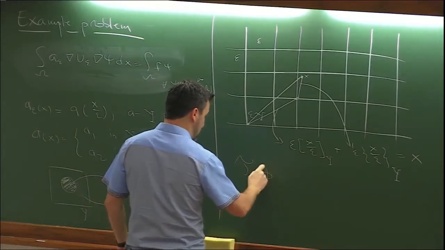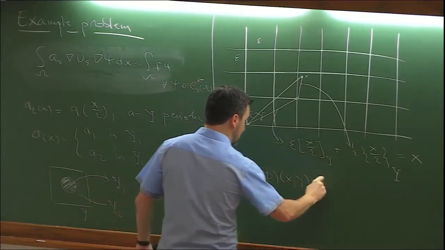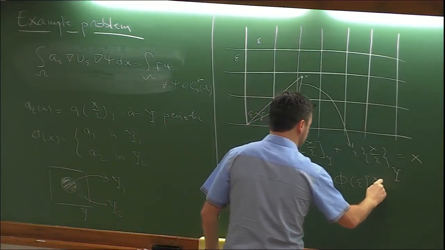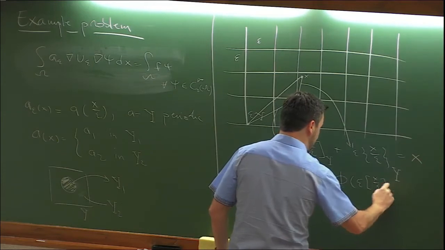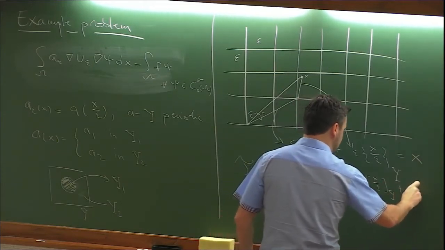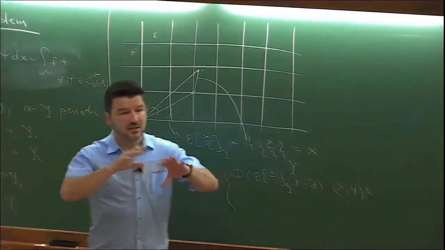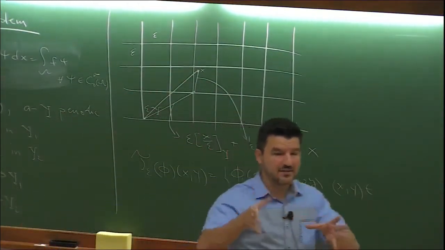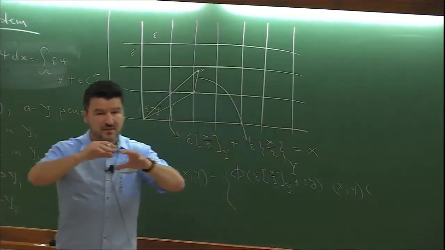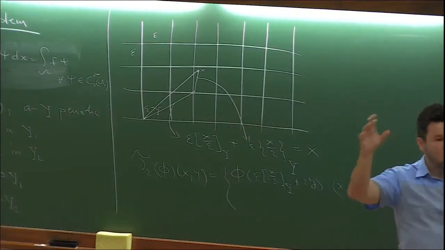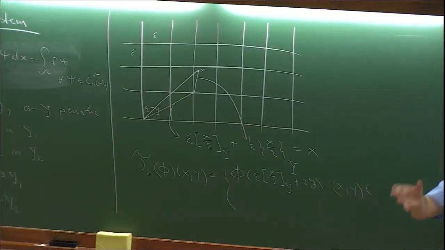In this context, we define the unfolding operator for a measurable function phi to be phi of epsilon times the integer part of x over epsilon with respect to Y, plus epsilon y, for x in the interior union of epsilon Y cell translates. You remember, this is an important set, and Patricia made the case yesterday. For any domain occupied by our composite, we consider the largest possible set of epsilon Y cells.